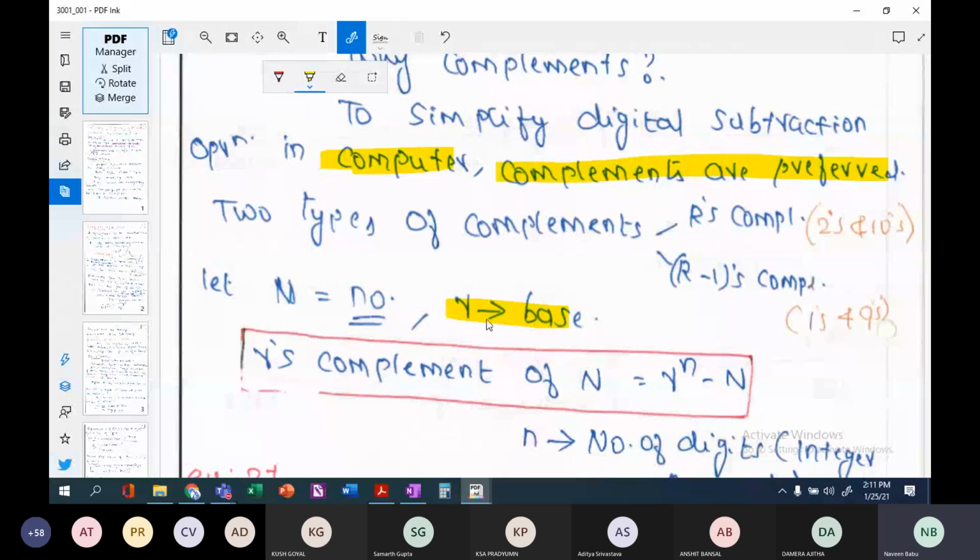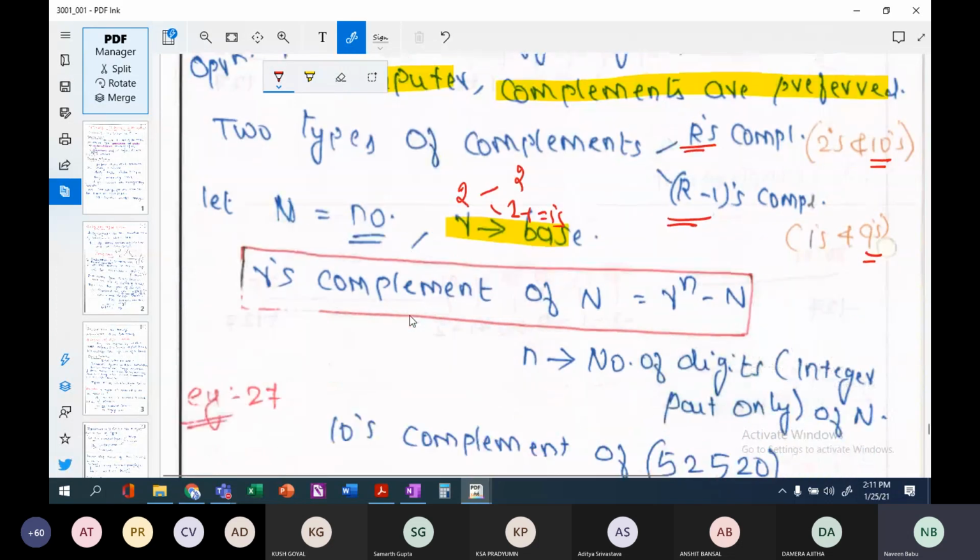You put any value of this R. If the base is 2, then the two types of complement will be 2's complement and 2 minus 1, which is 1's complement. And if you have a decimal number system, you will have 10's complement and 9's complement.